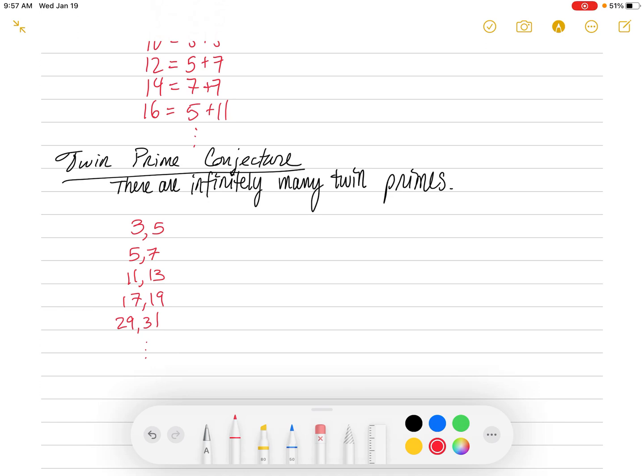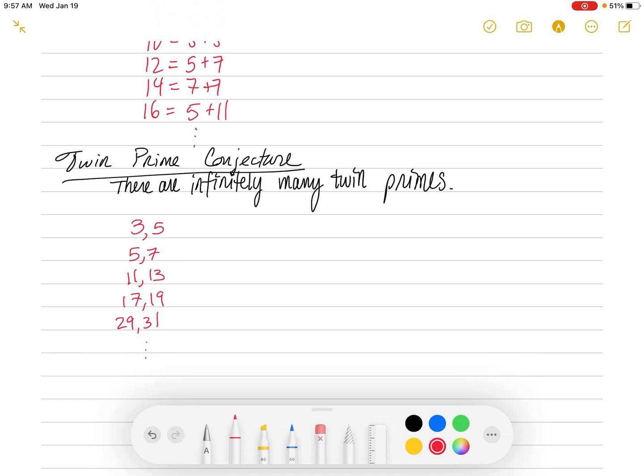I don't have a long list of primes in front of me, but it turns out people have checked this for many, many primes, millions, if not billions of prime numbers. And all primes don't come in pairs, but there are infinitely many of these pairs of primes that are just a space of 2 apart. That's what it looks like.